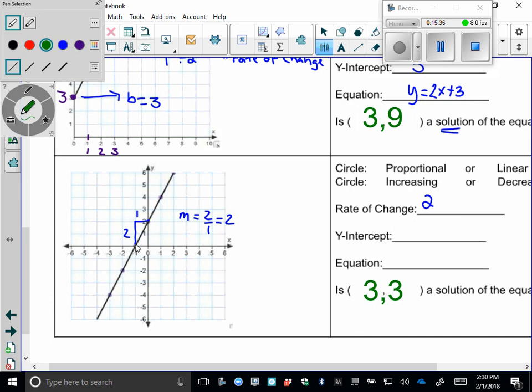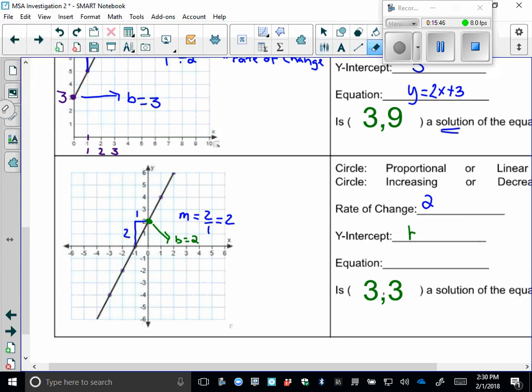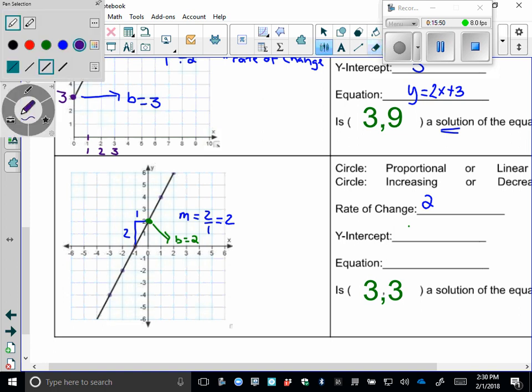It's just a coincidence that that's the y-intercept. Sorry, that should be a 2. And what did you get for your equation? I got y equals 2x plus 2. Y equals 2x plus 2.